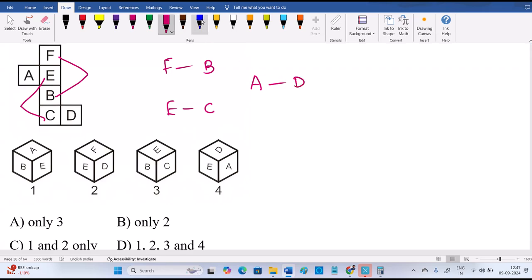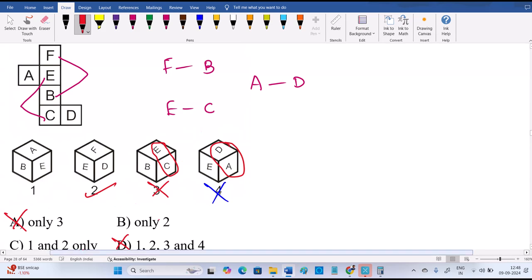We know among opposite pairs, both visible is not correct. A and D are both opposite, but here both are visible. The reason to eliminate is A and D, so fourth one not required, option D eliminated. E and C both visible is also not okay. They are opposite pairs, both should not be visible. This is also out. 2 is guaranteed because 2 is available in both.